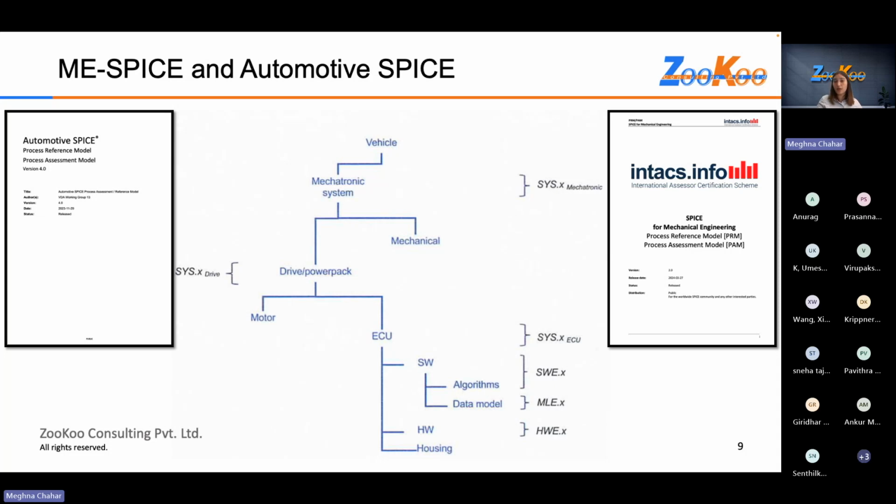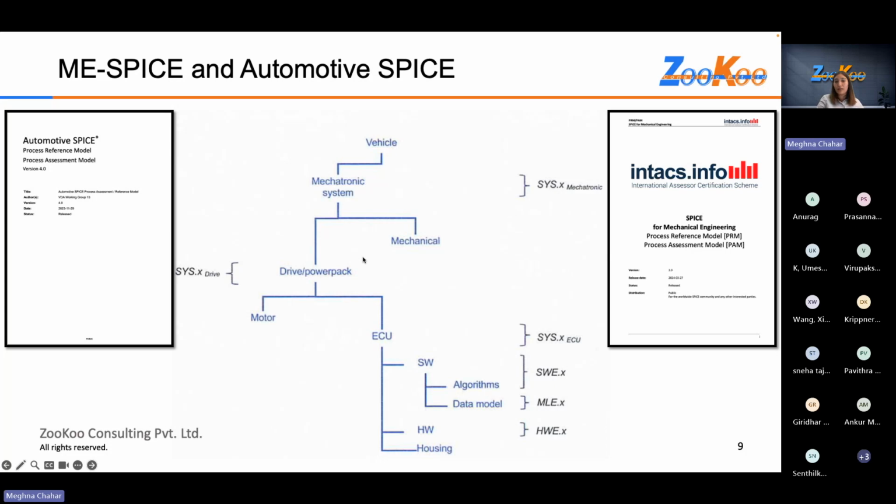But those 4 processes, after some modifications and enhancements, got incorporated within Automotive SPICE 4.0. And yes, machine learning. But what is missing? 4.0 has these things, but the missing part is mechanical.